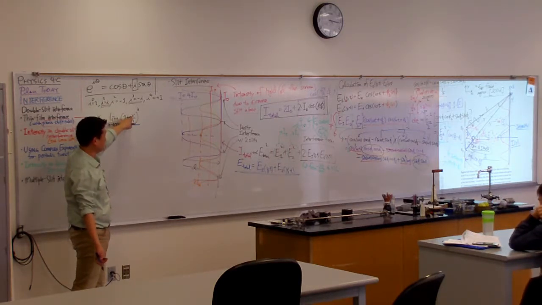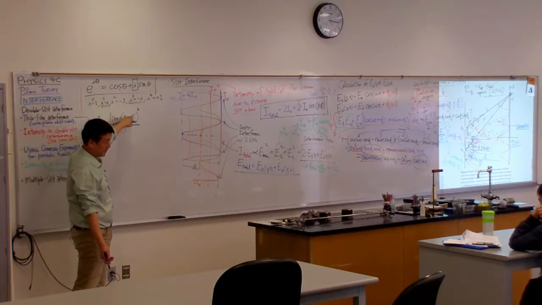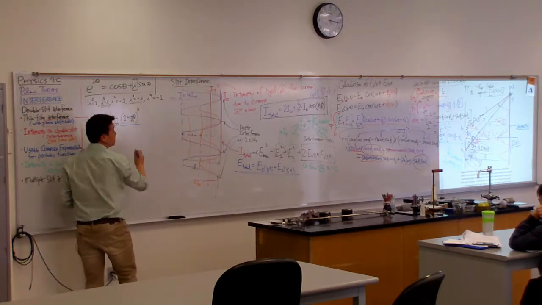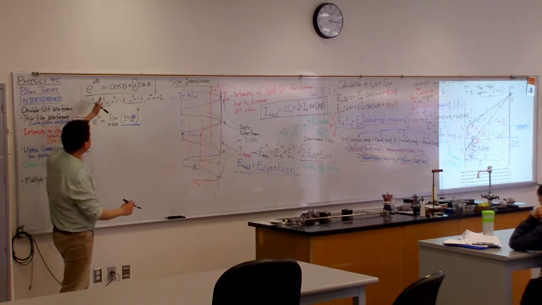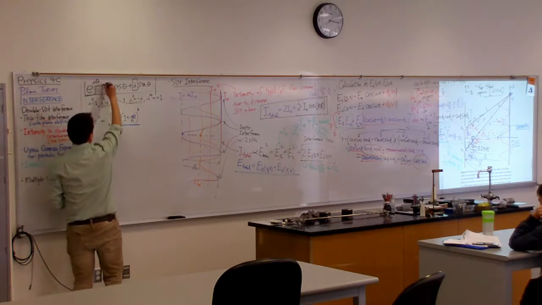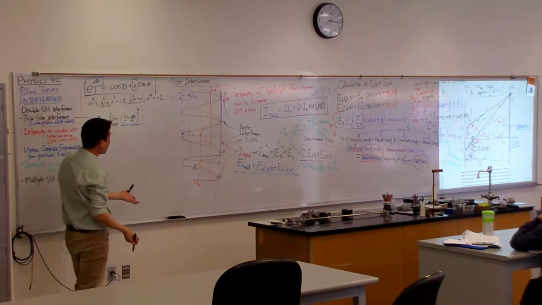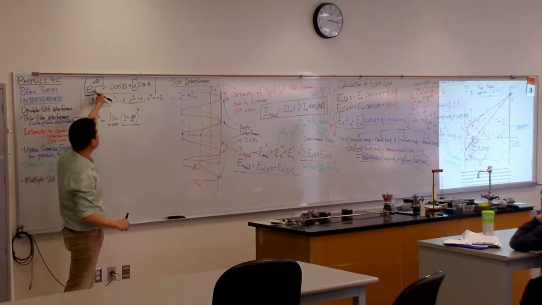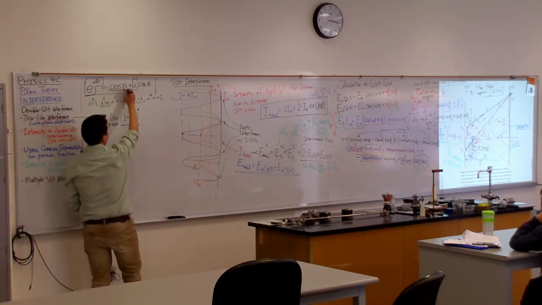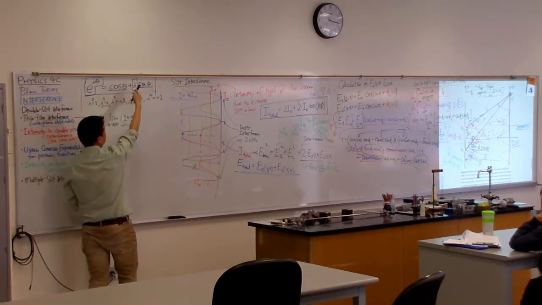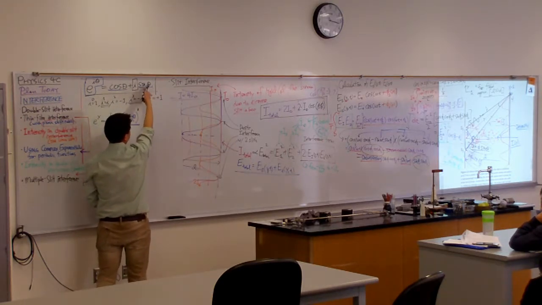So x could easily be imaginary, and you could imagine this being i theta. And when you do that, this is the formula you get: e to the i theta can be re-expressed in terms of a real function, cosine theta, plus an imaginary number times sine of theta.